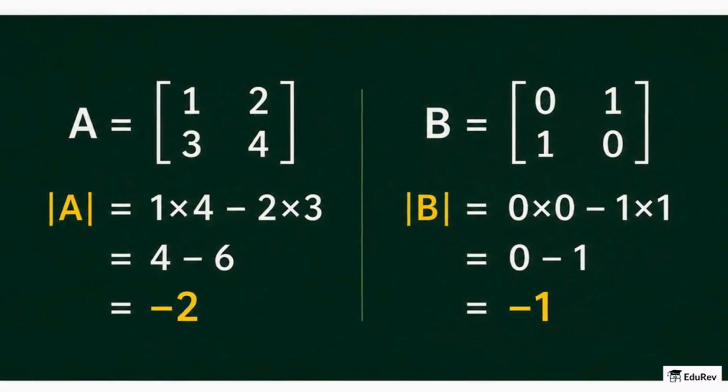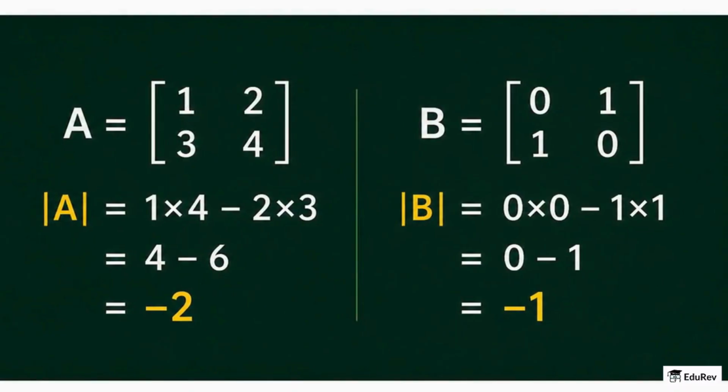Compute determinant of A as 1 times 4 minus 2 times 3 equals 4 minus 6 equals minus 2 and determinant of B as 0 times 0 minus 1 times 1 equals minus 1.